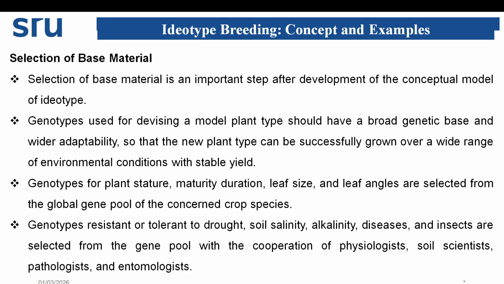Next is selection of base material. After development of the conceptual model of idiotype, selection of base material is an important step. Genotypes are used for devising a model plant type. Whichever genotypes you select for devising a model plant type should have a broad genetic base and wider adaptability.